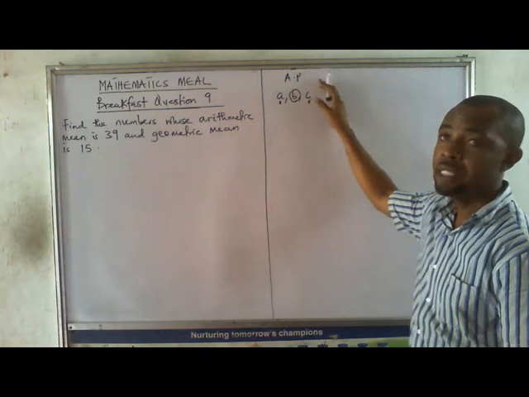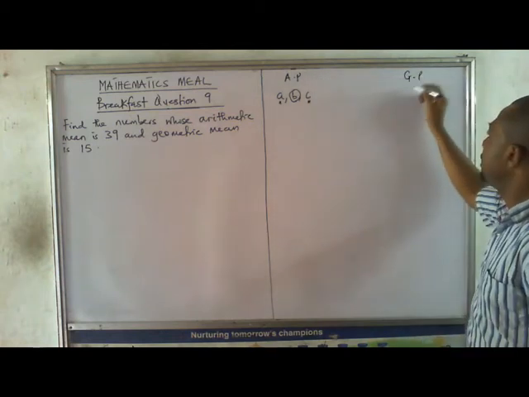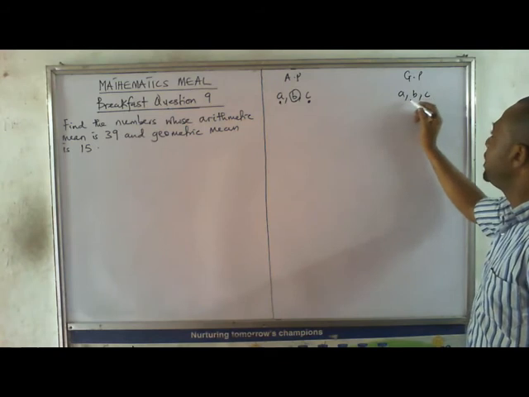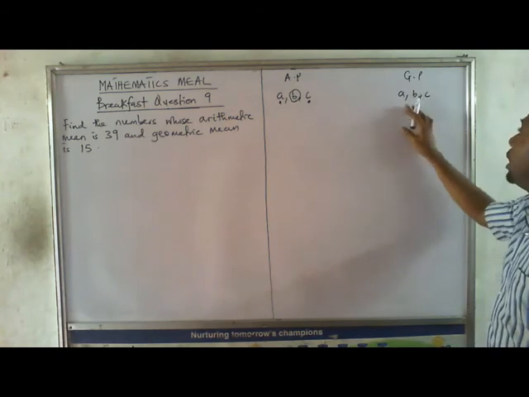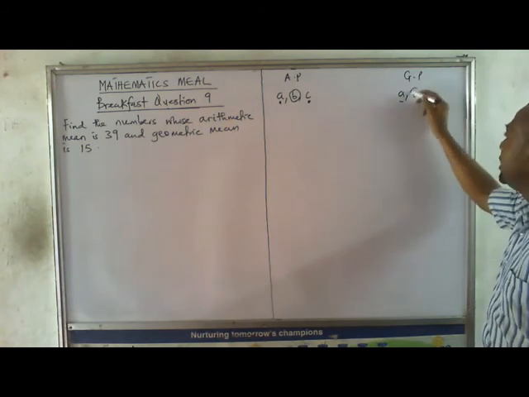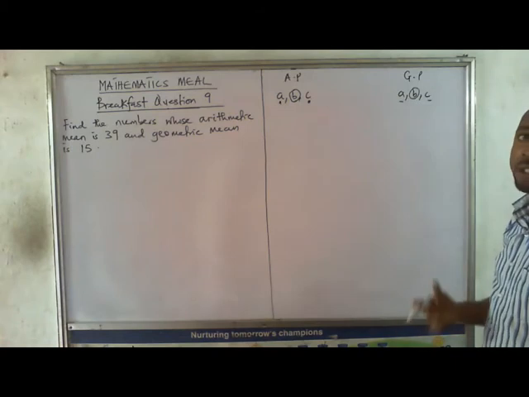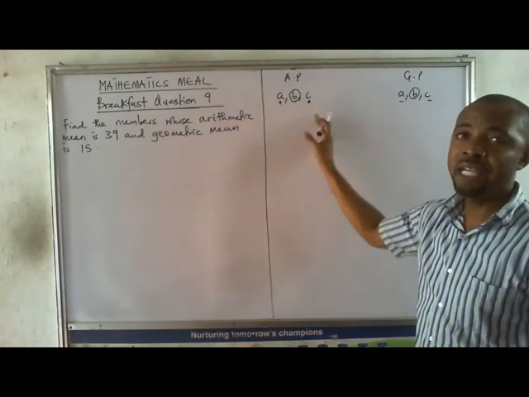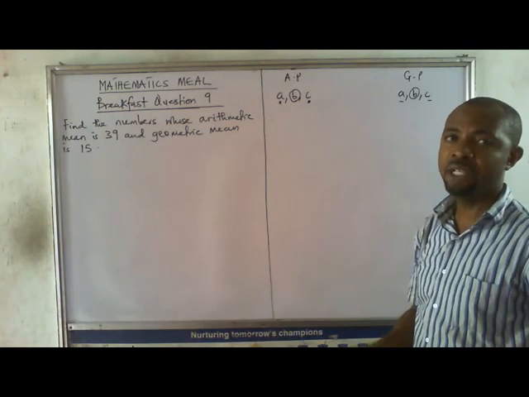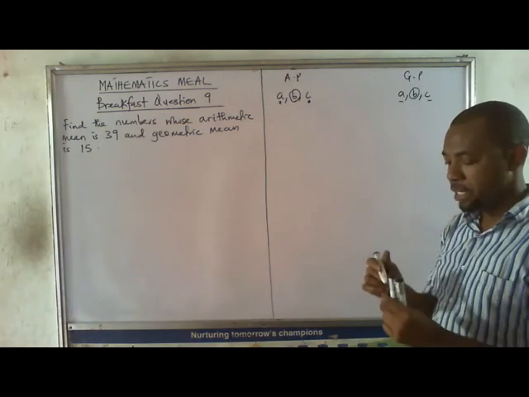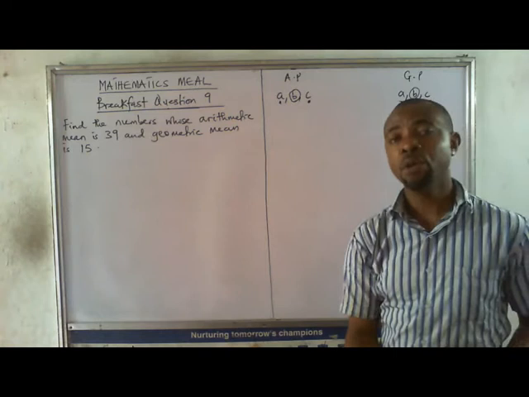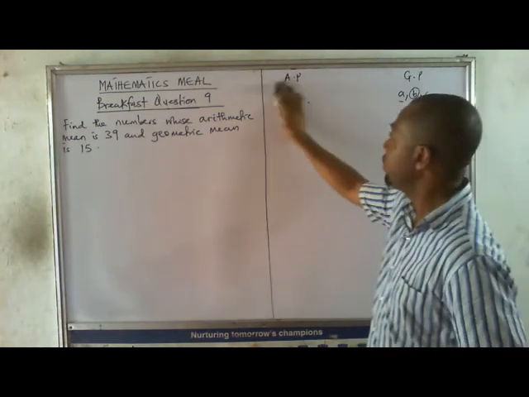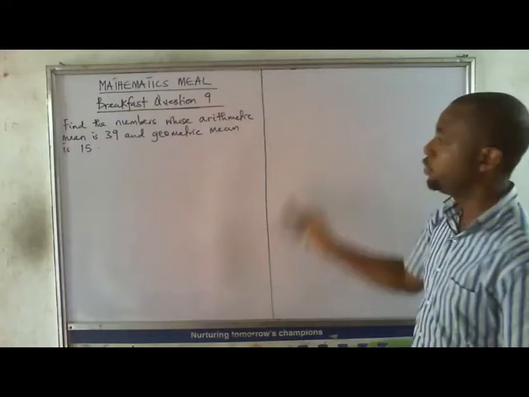The same thing in a GP with A, B, and C: B is between the two numbers, provided that the three form consecutive terms in a given AP or GP. So we're going to solve this problem using the knowledge of arithmetic progression and geometric progression.